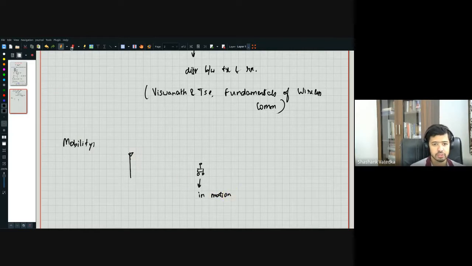Then of course there is a direct component of the signal from the transmitter to the receiver, but then there are also many reflected components. There are reflected components from the ground, and if there are other objects around you, then there are reflected components off those objects.